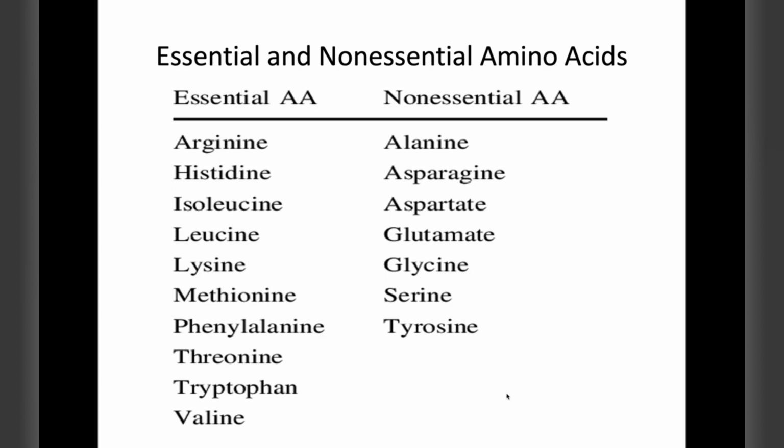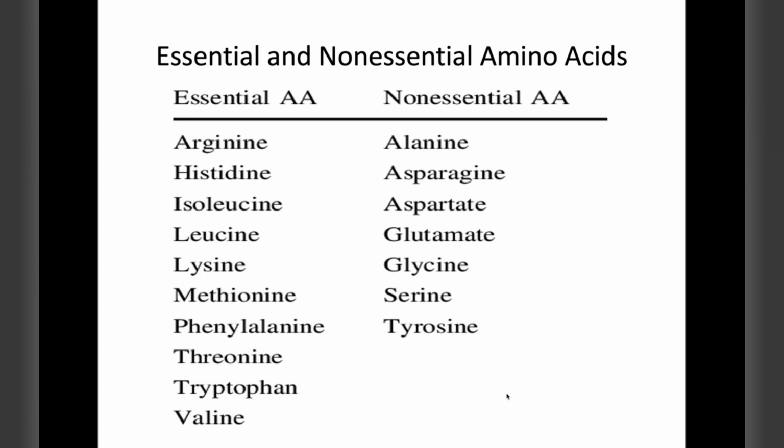And amino acids are classified as acidic, basic or neutral based on the relative number of amino and carboxyl groups in them. And here you can see a list of essential amino acids and non-essential amino acids.